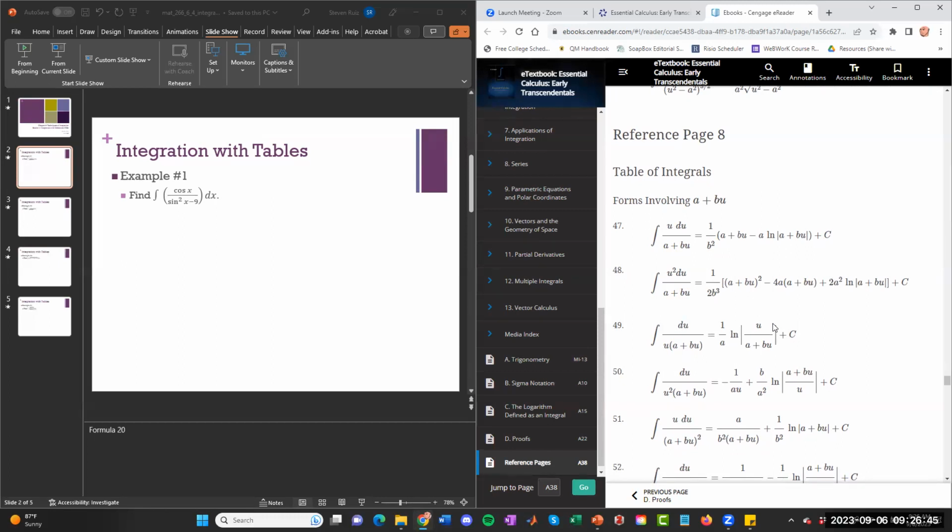So maybe it's a good time to ask this question. What relationships do we see between the terms in the thing we're actually trying to integrate? So this cosine of x over x squared plus 9. Where's my cursor?